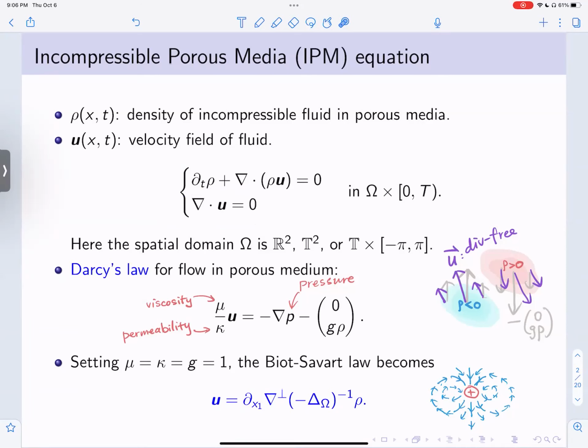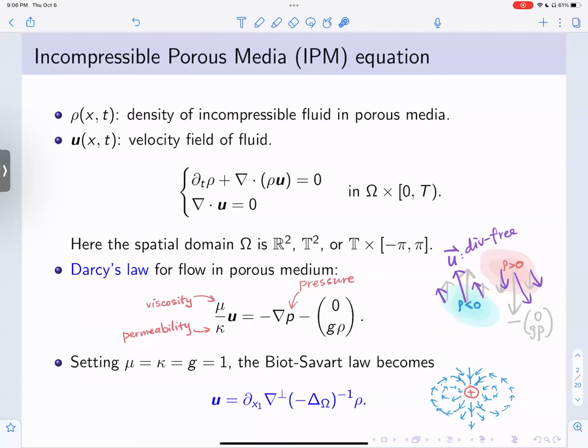Actually, P can be explicitly solved by taking the divergence on both sides, so that we get Laplace P equal to something that depends on rho. Then we are able to invert the Laplacian to find P, and plug that P into this expression to find u explicitly.